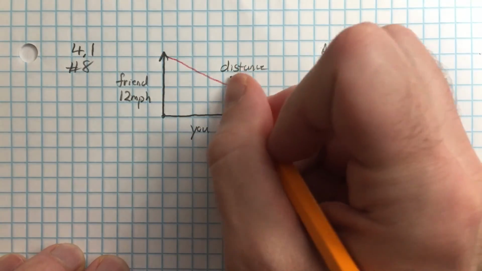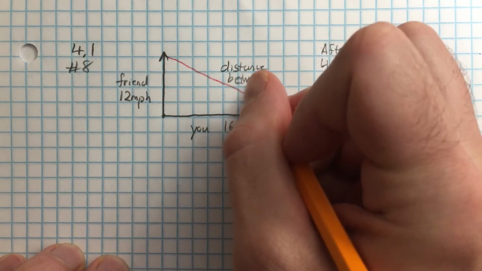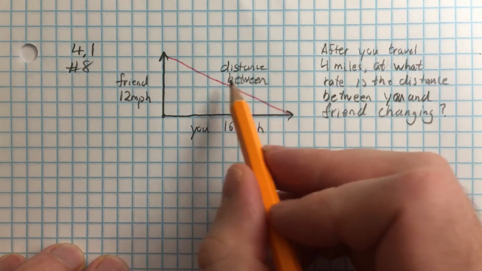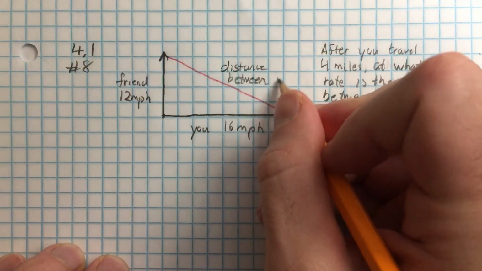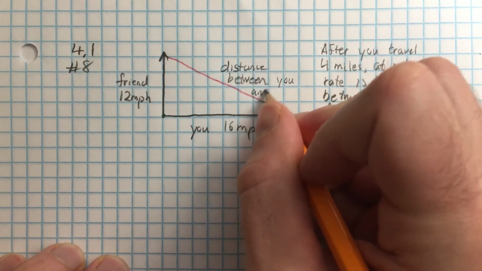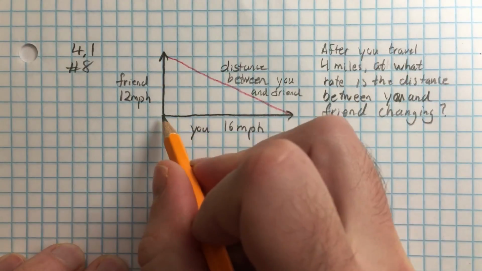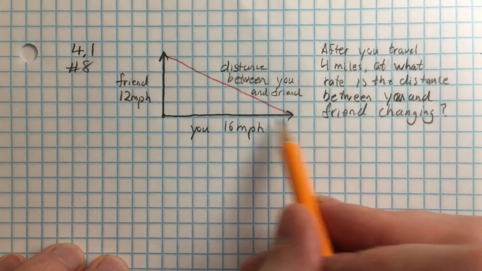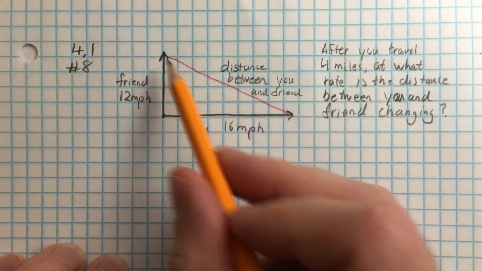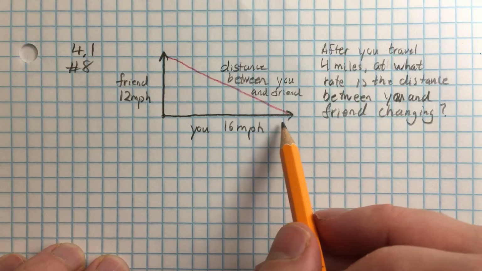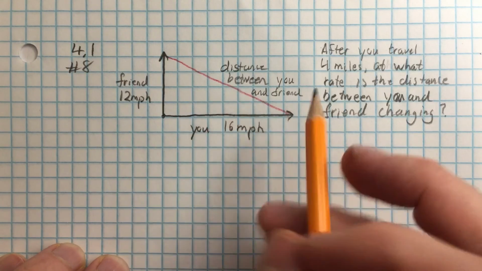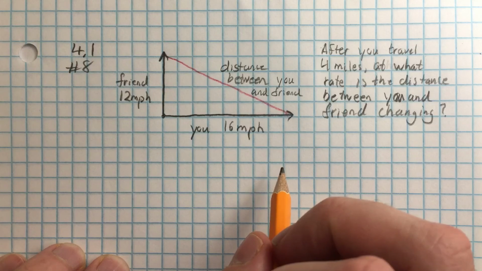This is important to note here. Distance between you and friend is not from here and then upwards, right? It's not that distance. It is the straight line distance between your two locations that you have at that moment. Okay? So it's always some sort of hypotenuse in these problems.